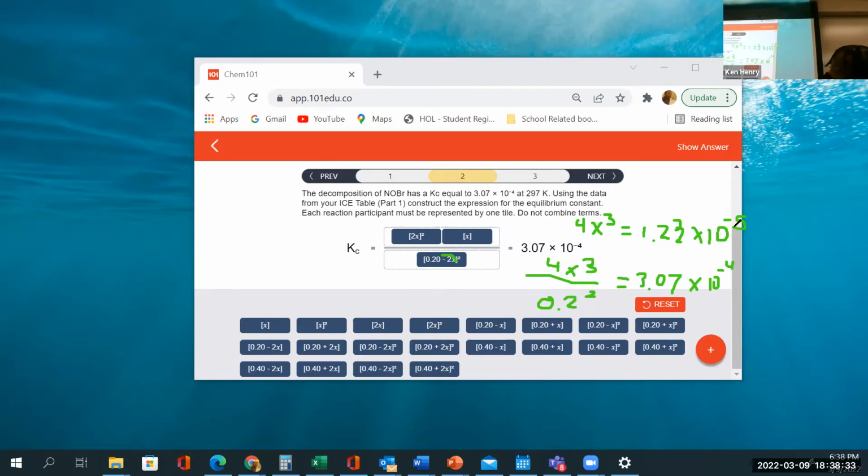So if we divide that by 4, we get x cubed equals 3.07 times 10 to the minus 6.